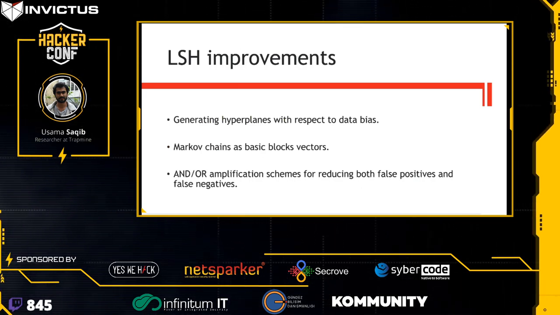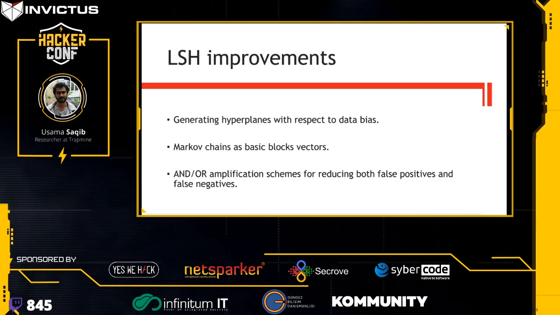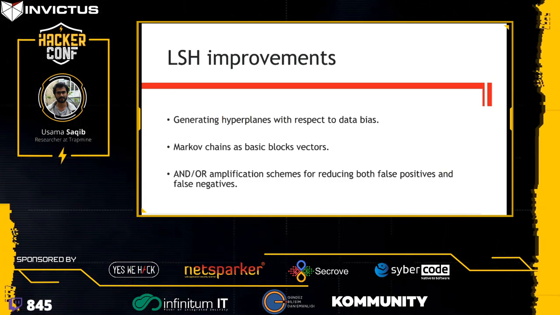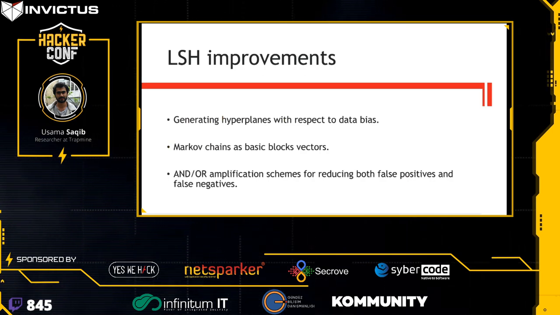Therefore, a hyperplane with all negative components would relate to all possible basic blocks in the same way. Therefore, hyperplanes of such nature do not help encode any useful information. A possible improvement would be to generate hyperplanes with respect to the data bias, which would result in better space partitioning, and hopefully will give us even better results.